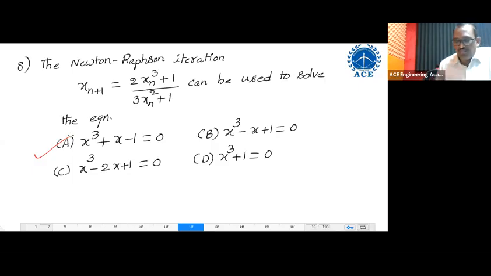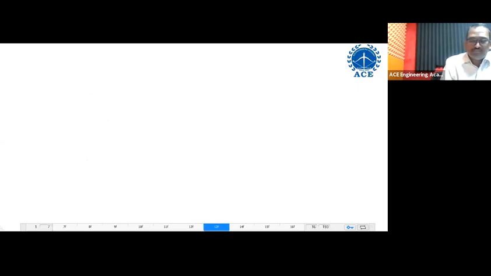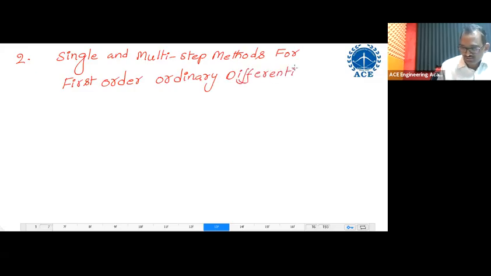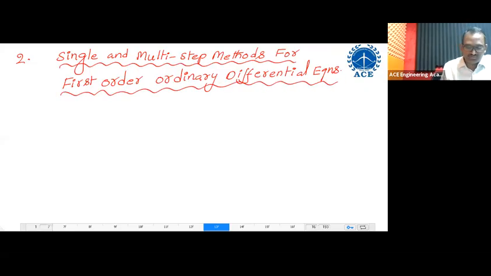Topic number 2. Single and multi-step methods for first order ordinary differential equations.